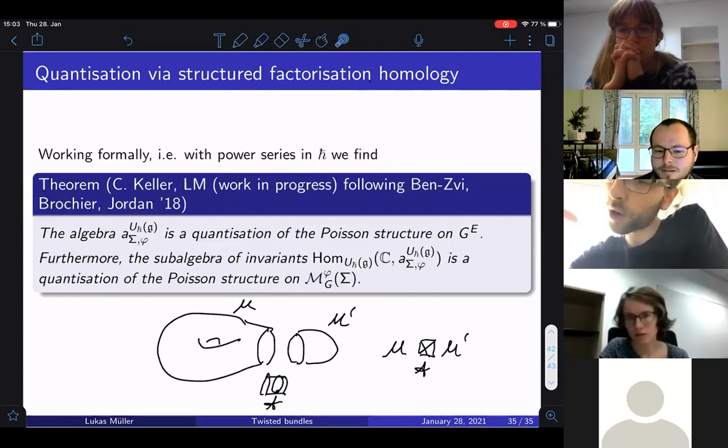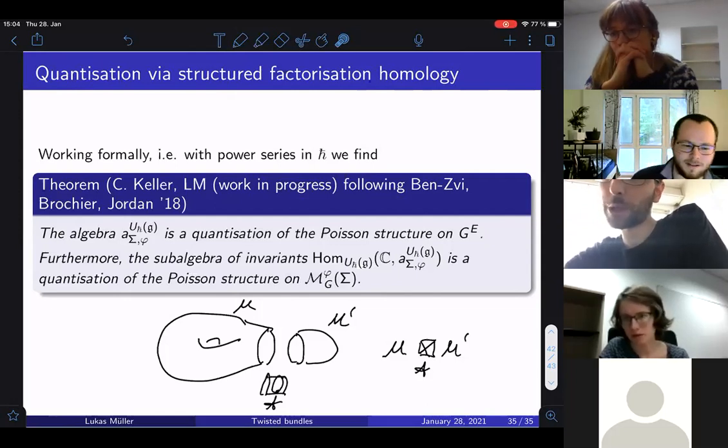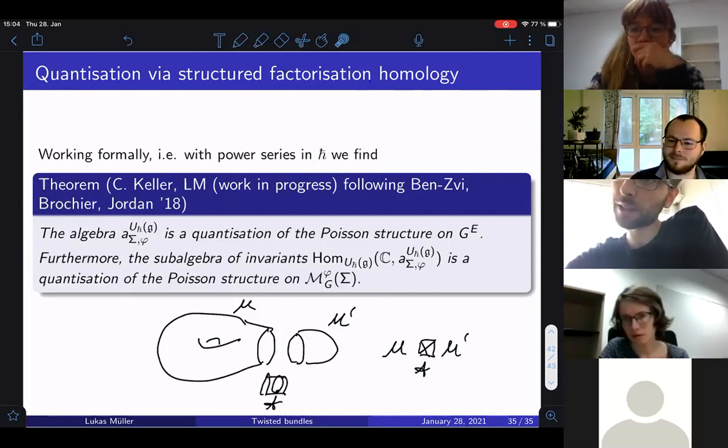Isn't the closing of the caps in their second paper? Yeah, they computed it in the second paper. I think what's not so clear is what it actually quantizes. Because whether it corresponds to the moment maps, right? Yeah.